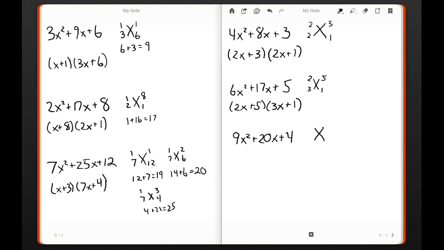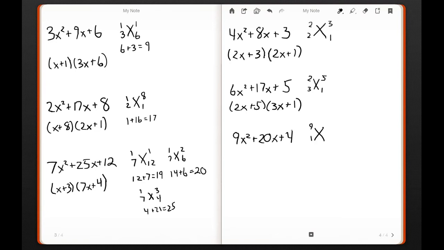Let's say we had 3 and 3 for the 9. We would then have the highest factor for 4 could be 4, and 4 times 3 would be 12, which is nowhere near 20. So based off of that, 3 and 3 is not going to work because we can't get high enough. And we're going to start right away with 9 and 1.